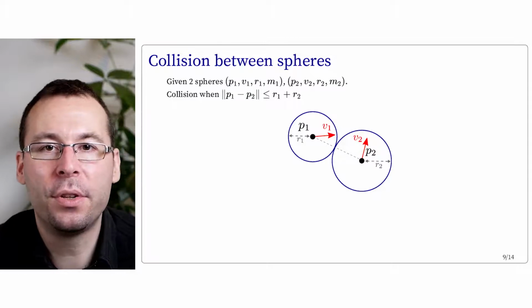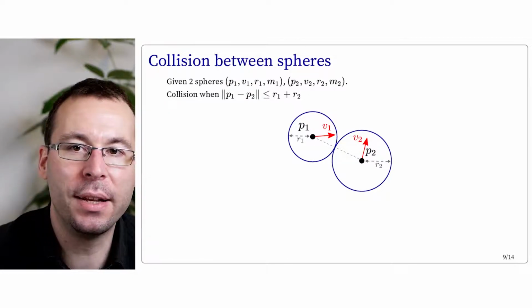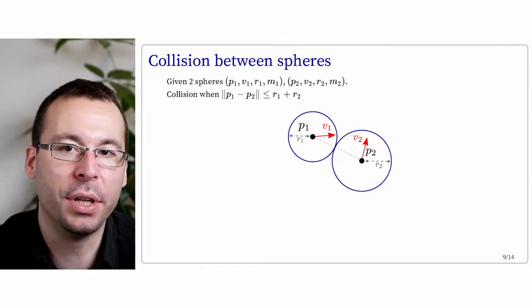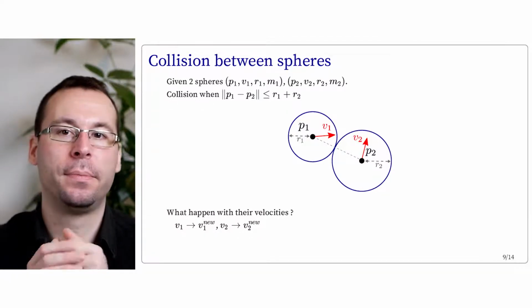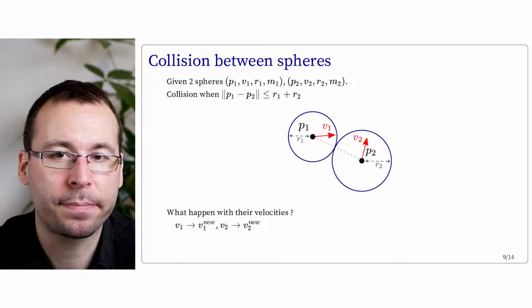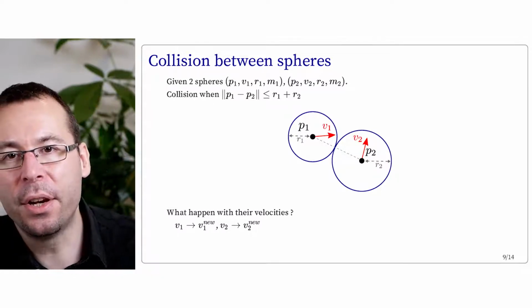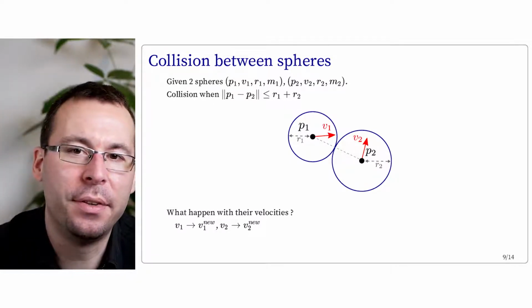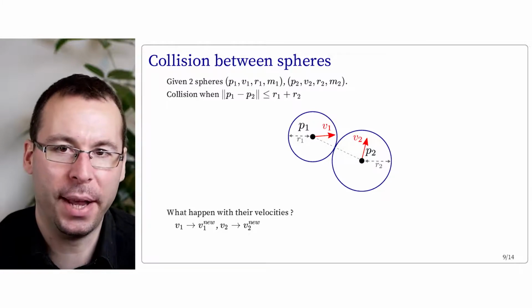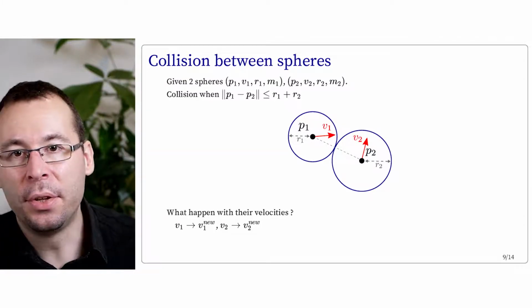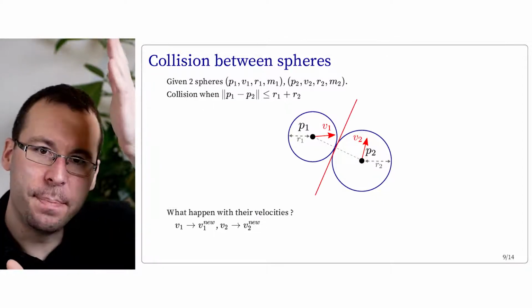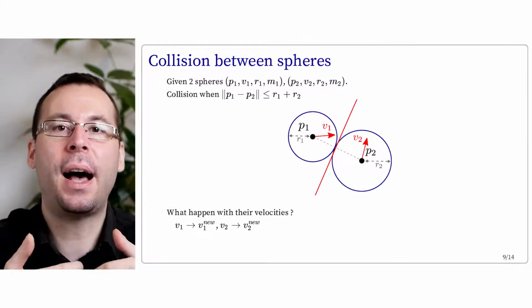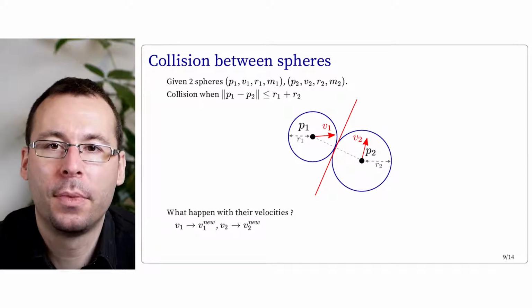Now let's suppose that the sphere have velocity v1 and v2 before the collision. What happened with their respective velocities after? So this is actually not as straightforward than in the case of the collision with a plane. Obviously, the spheres are going to move away of each other, and the separating plane between the two spheres are going to play a role.